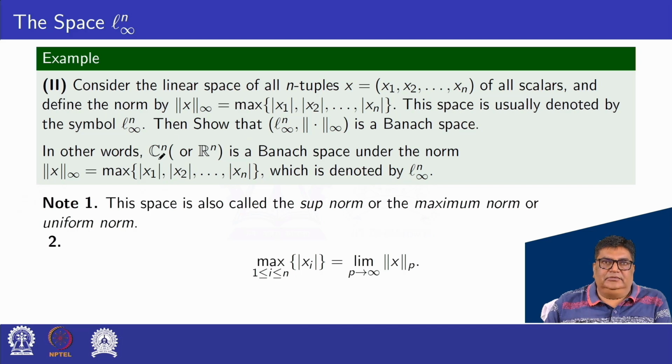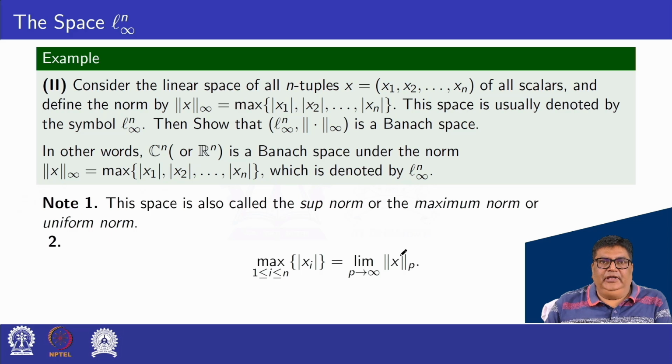In other words, Cn or Rn is a Banach space under the norm norm x infinity equal to max of mod x1, mod x2 and so on mod xn. This is denoted by L infinity n.